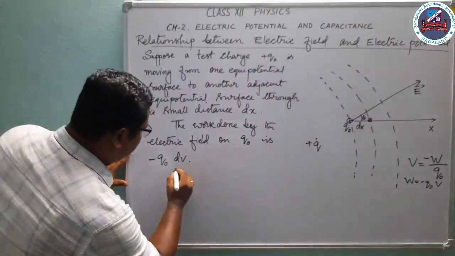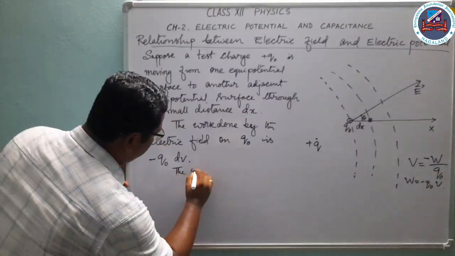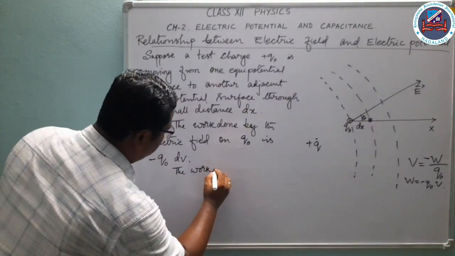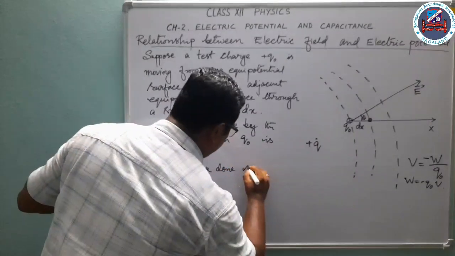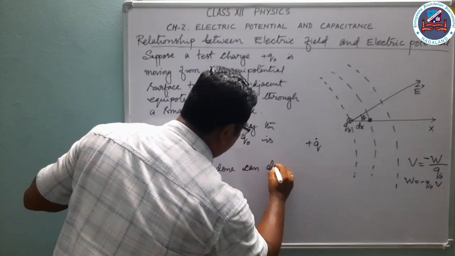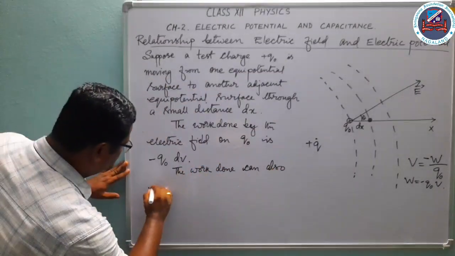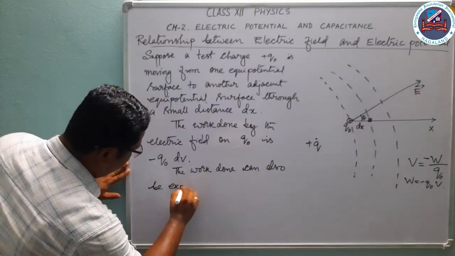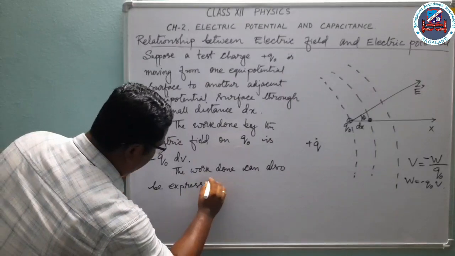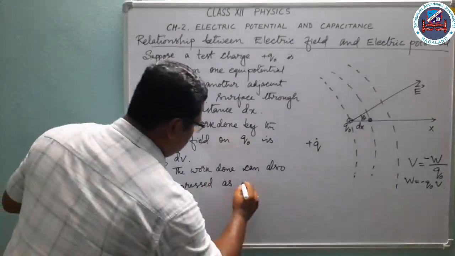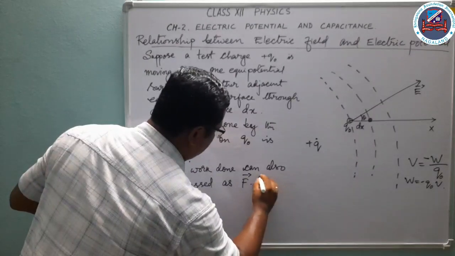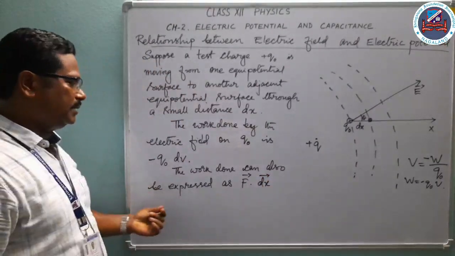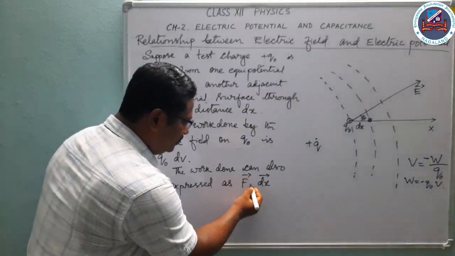Then this work done can also be expressed as the dot product of force and displacement, if you use your mechanics formula for work done.